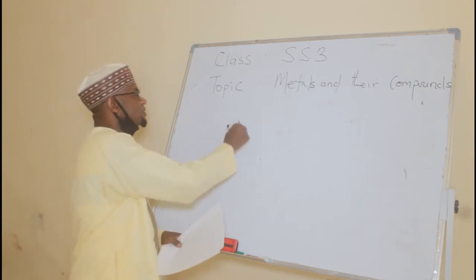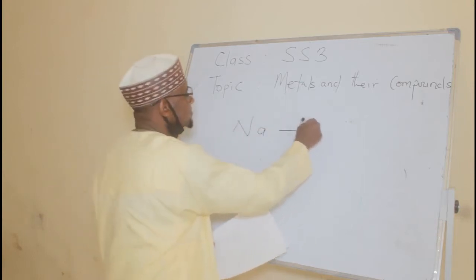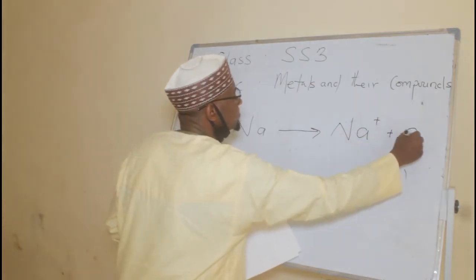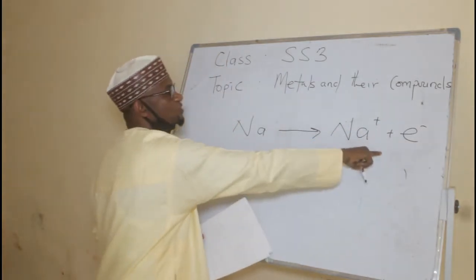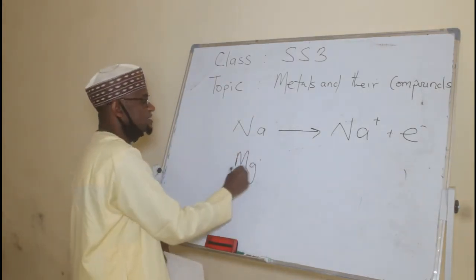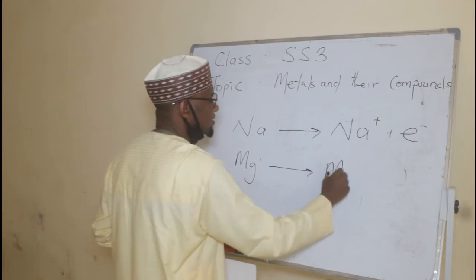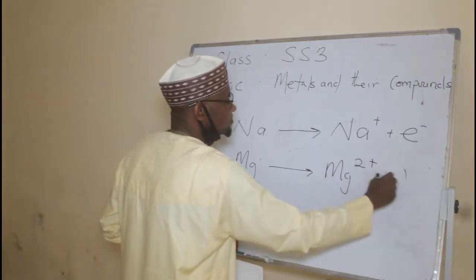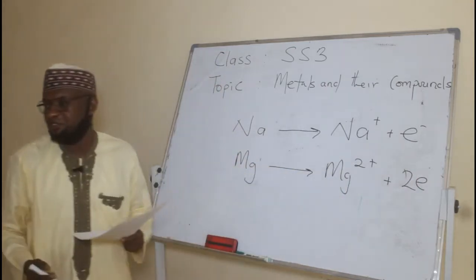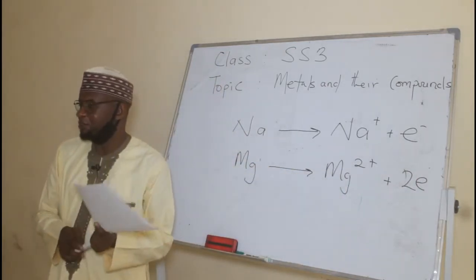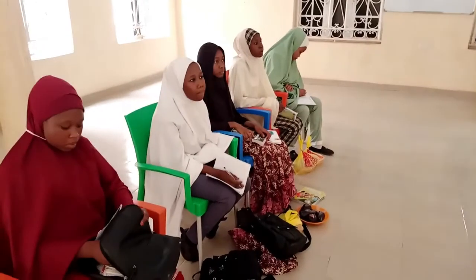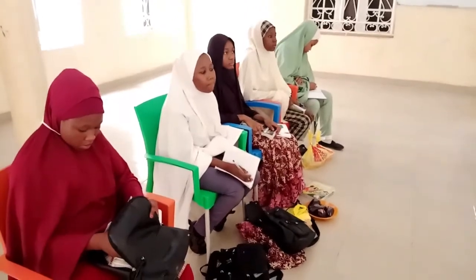This is sodium. It releases 1 electron to become positively charged. And when you take magnesium, by releasing 2 electrons, it acquires 2 plus. So electropositivity is the main criterion we use to determine whether an element is a metal or not.